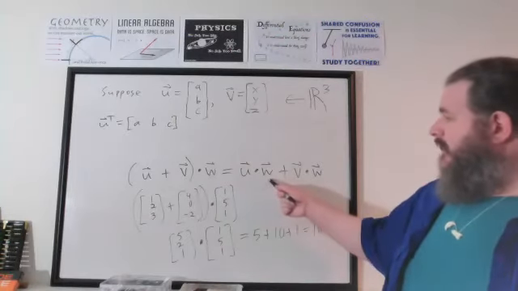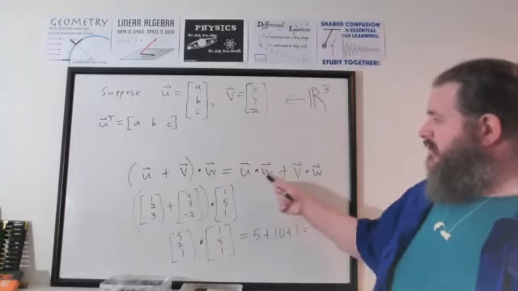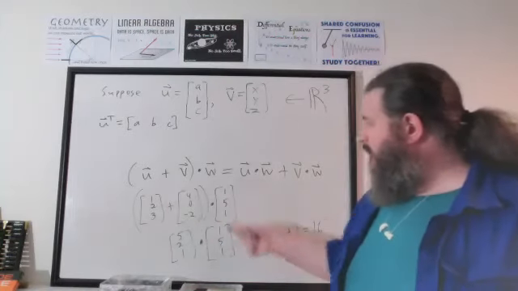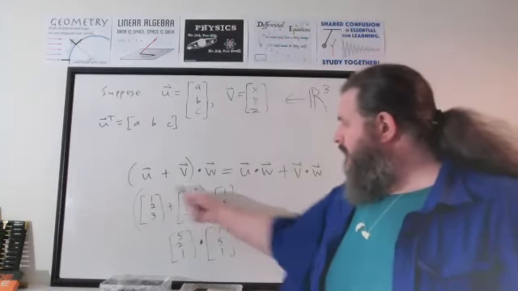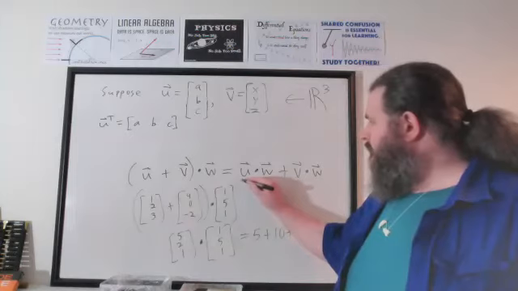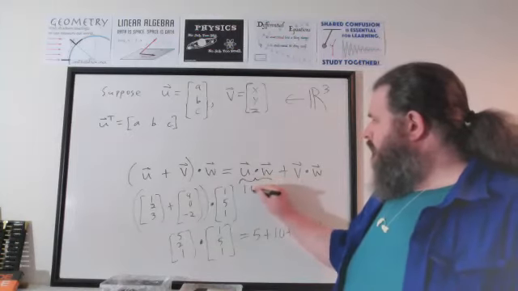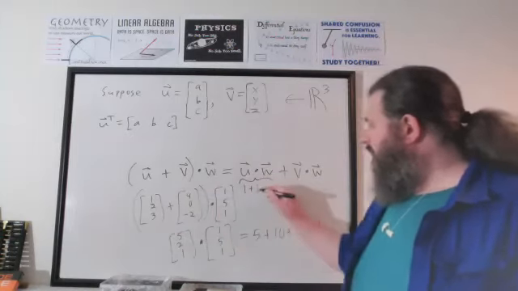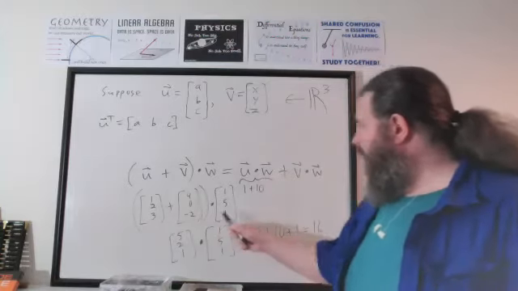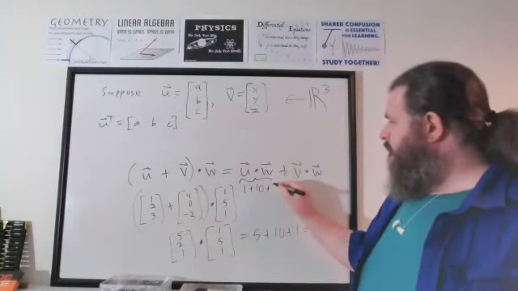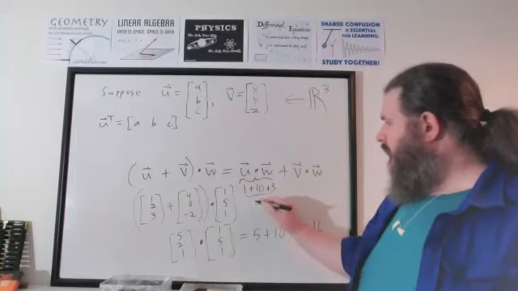Or if we take the dot products individually, U dot W, so that'd be 1, 2, 3 dot 1, 5, 1. So 1 times 1 plus 2 times 5 plus 3 times 1. 14. In other words, 14.